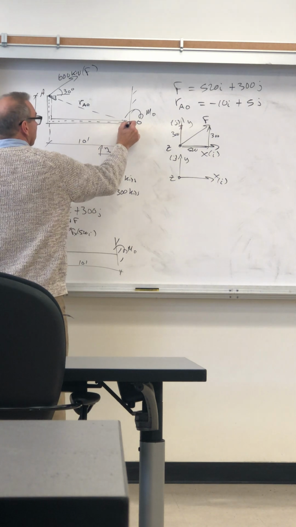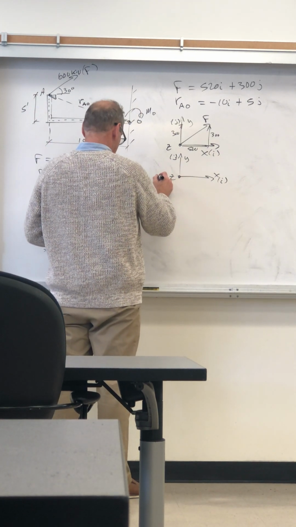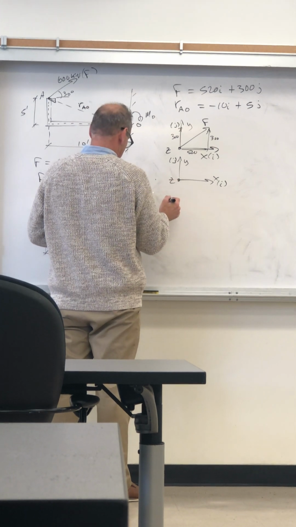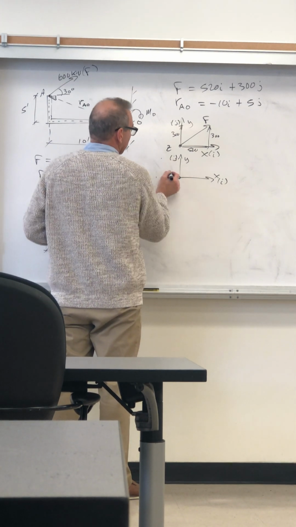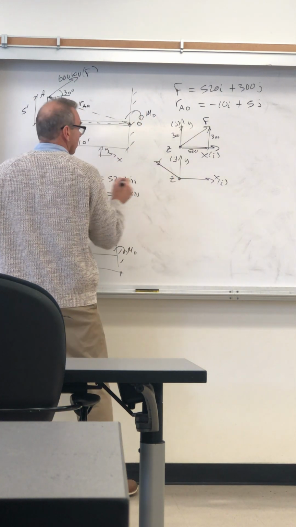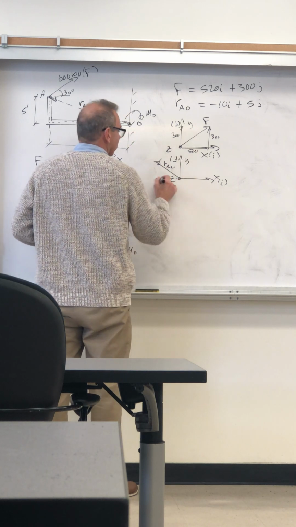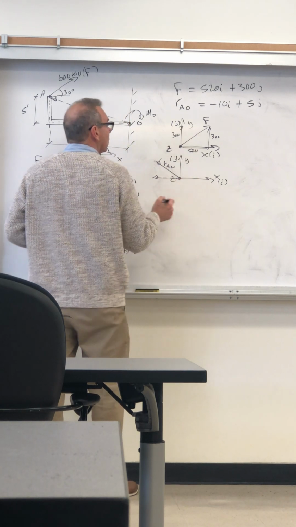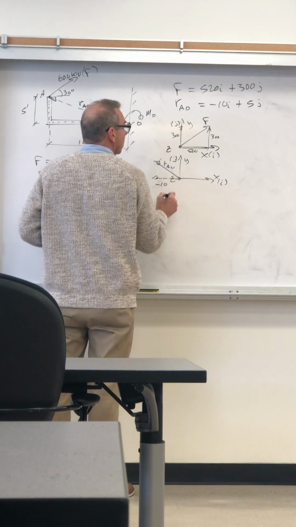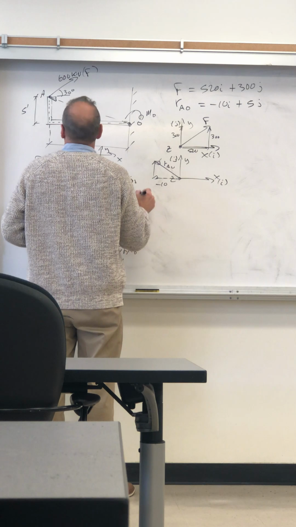So we go minus from here, minus 10, and up 5, so that's this. That's the R sub AO. Minus 10, plus 5.